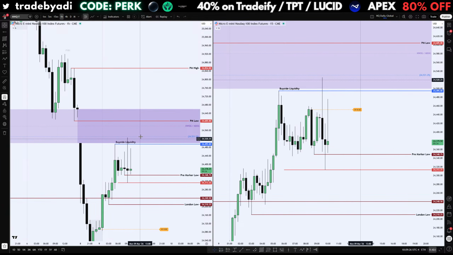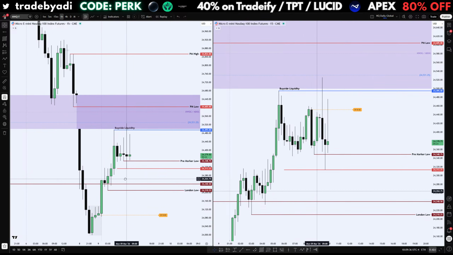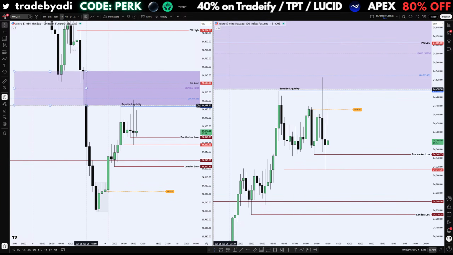On a 1 hour, we just created the big wicks, and we are inside the 1 hour order fair value gap. We got a reaction from this and also from this order block. So after taking out the buy side liquidity and after tapping the new week opening gap, most likely it has taken out the buy side liquidity, but it should go for the London low still.